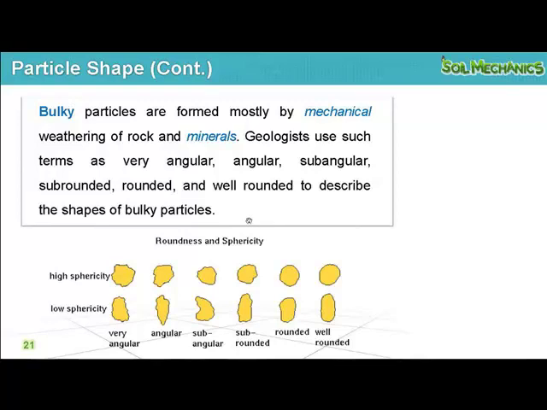So as you can see in the picture below, roundness and sphericity of the particle. This high sphericity, the upper row, this one, high sphericity and low sphericity for this shape.